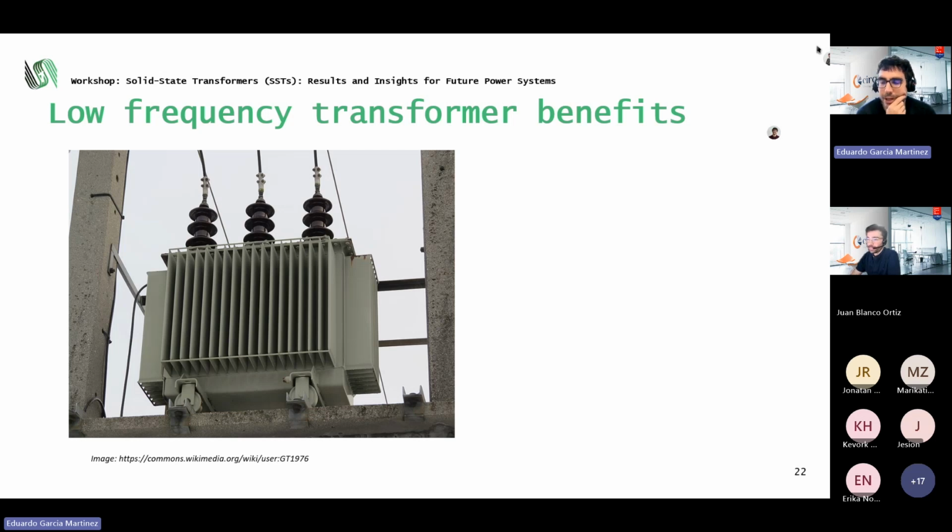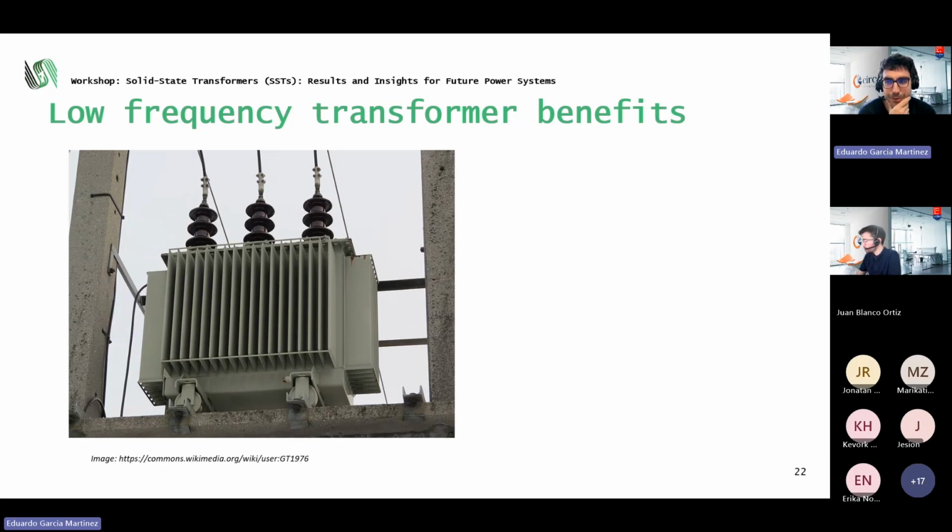So, as we have seen, it means that we will change this with SST. Will we change all the low frequency transformers? Well, we think that it is not so.